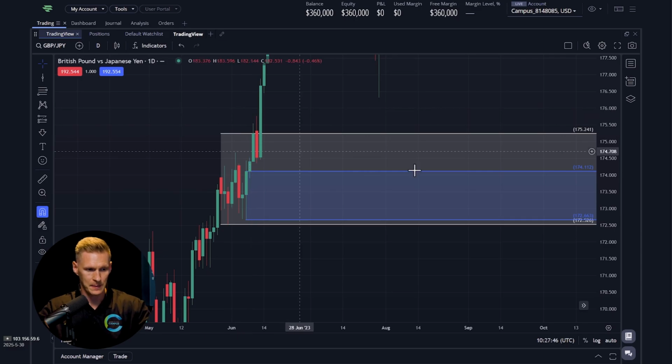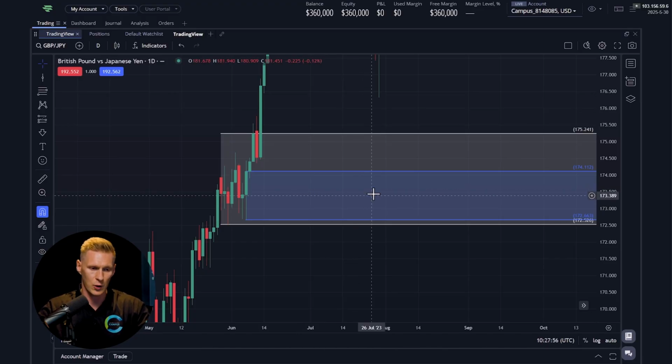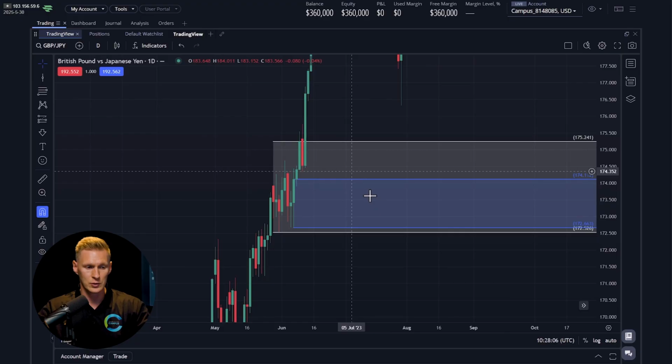You can see the white gray zone is a whole weekly demand zone, and the big brother. And the blue zone is our small brother, the daily, the lower time frame zone. And here it's the same like in the supply zone. You can see that the zone size is definitely smaller, right?